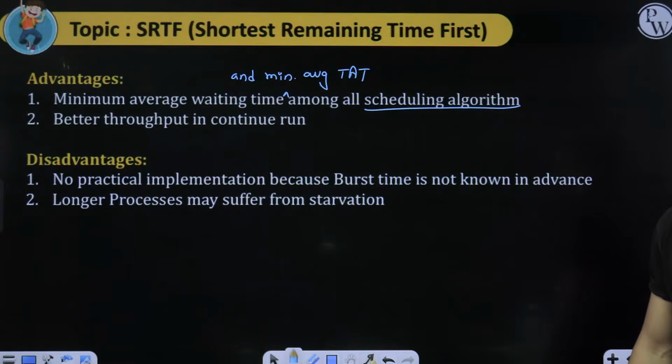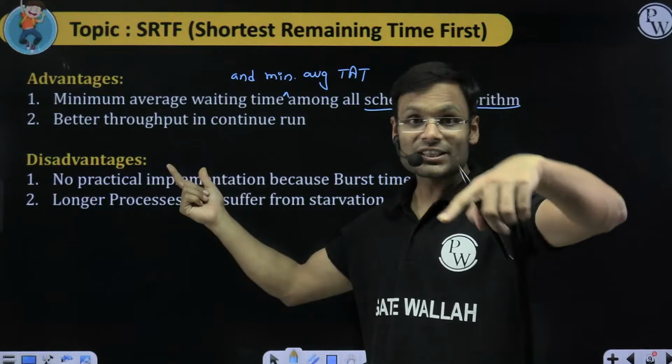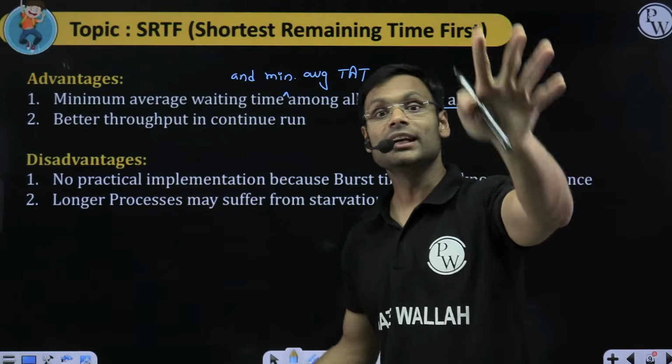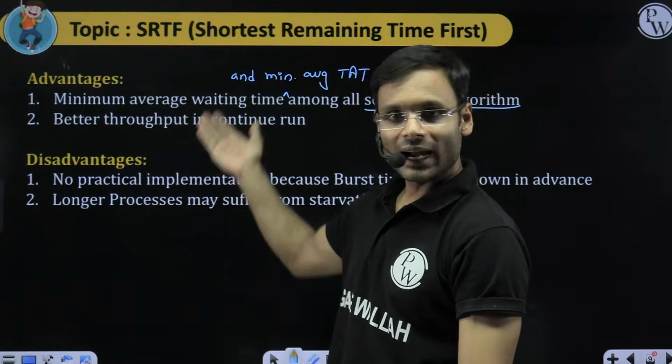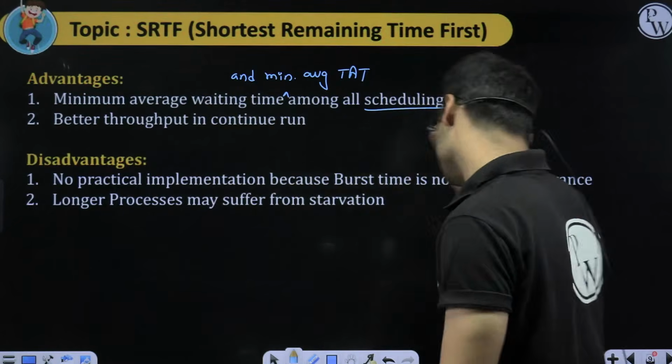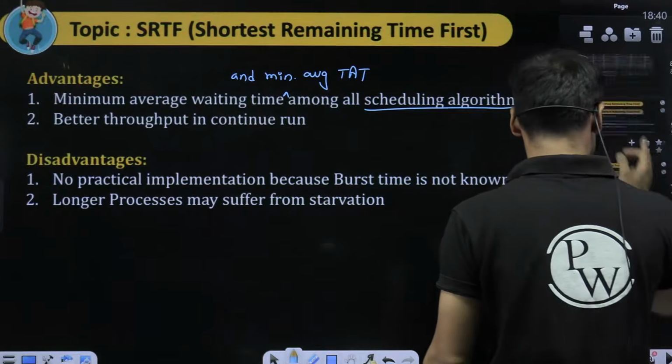So same to same, we have the same advantages and disadvantages. The only disadvantage SJF has more is that it does not have preemption, which is solved here. Other than that, the advantages and disadvantages are the same, apart from the preemption.